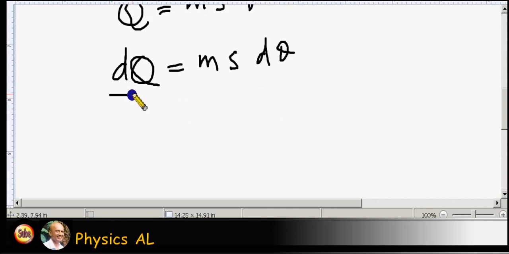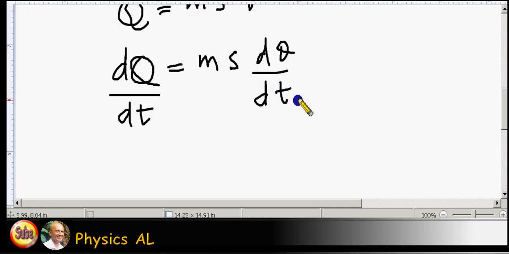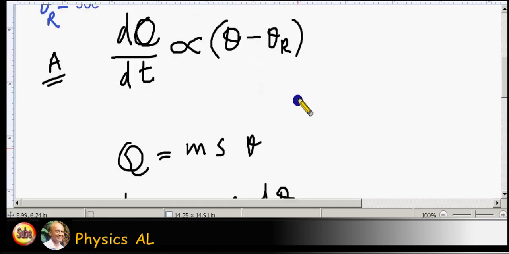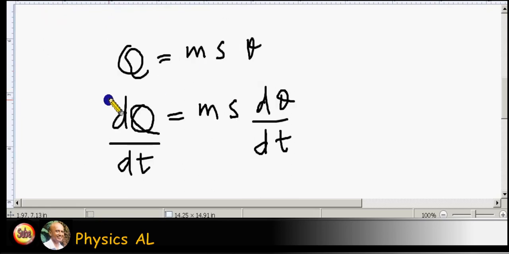So divide by dt, that means we take the rate, the quantity of heat per second and the amount of degrees per second. So dQ divided by dt is here, and here also dQ divided by dt.